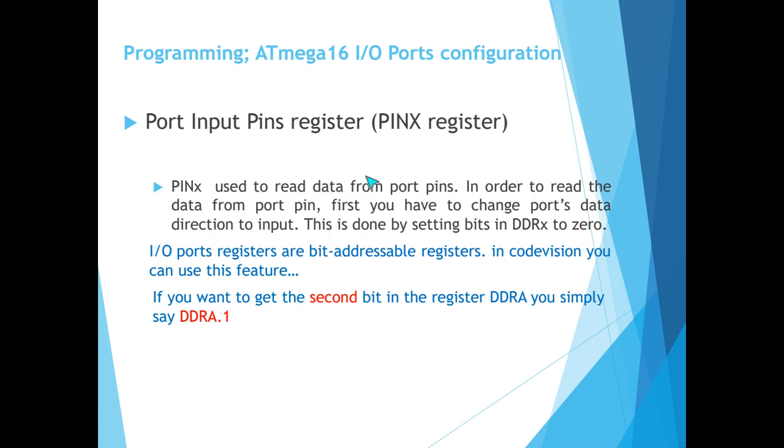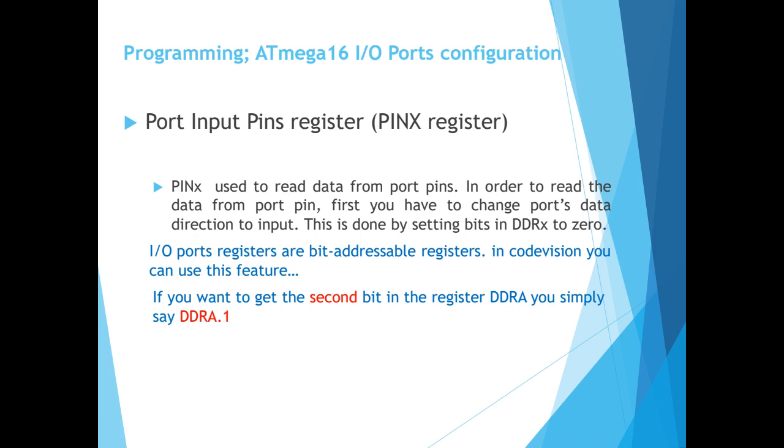But for reading data from port pins, at first, the port's data direction register should be configured as input. This is done by setting the bits in DDRX to 0.